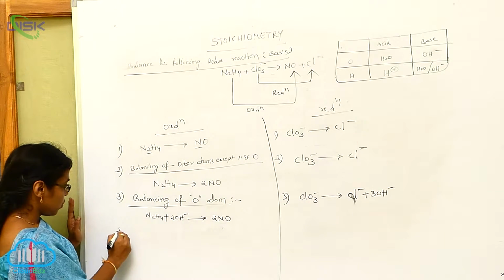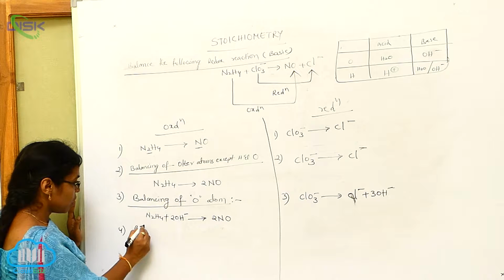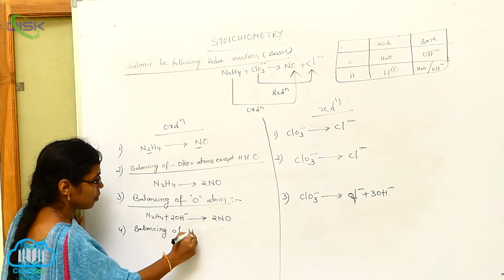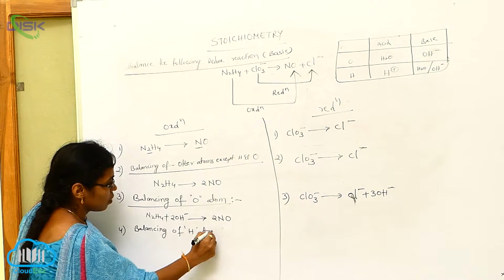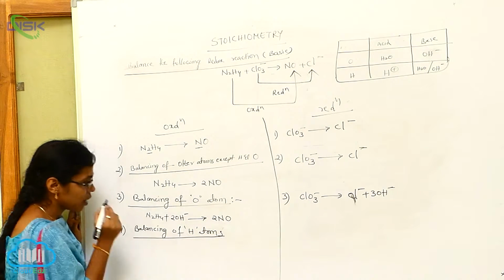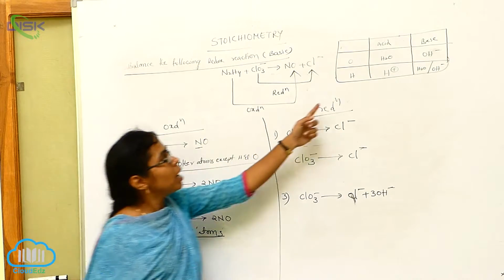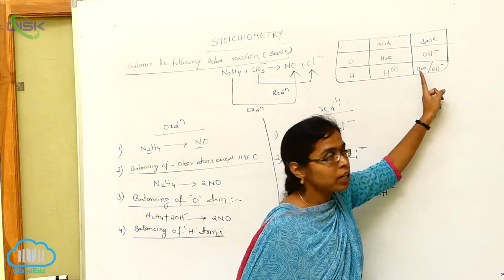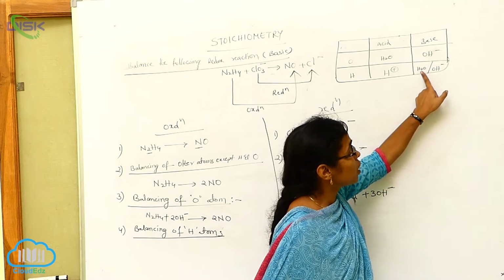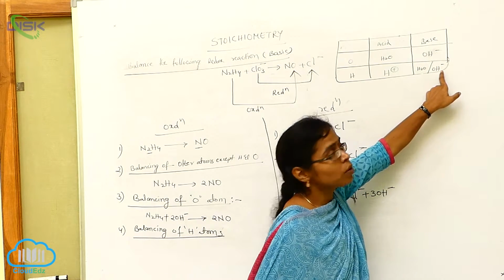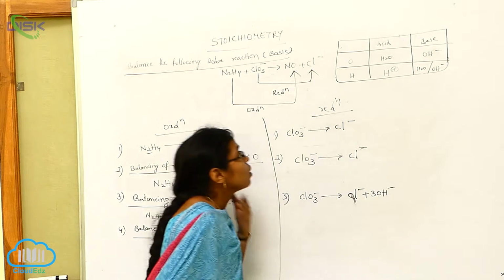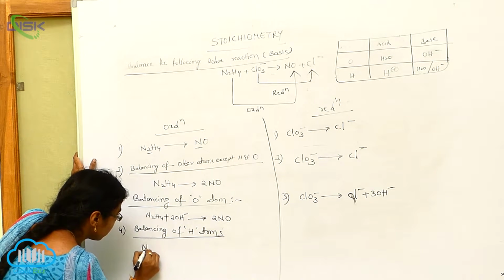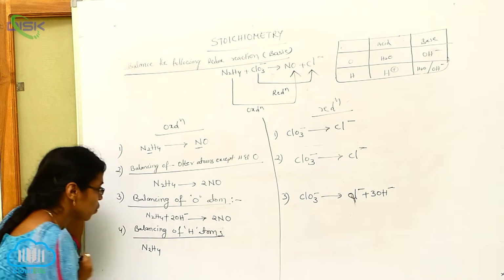Okay, next one, fourth one: balancing of hydrogen atoms. For the balancing of hydrogen atoms in the basic medium you have to add water molecules on the deficient side and OH minus ions on the opposite side. So I can write N2H4.